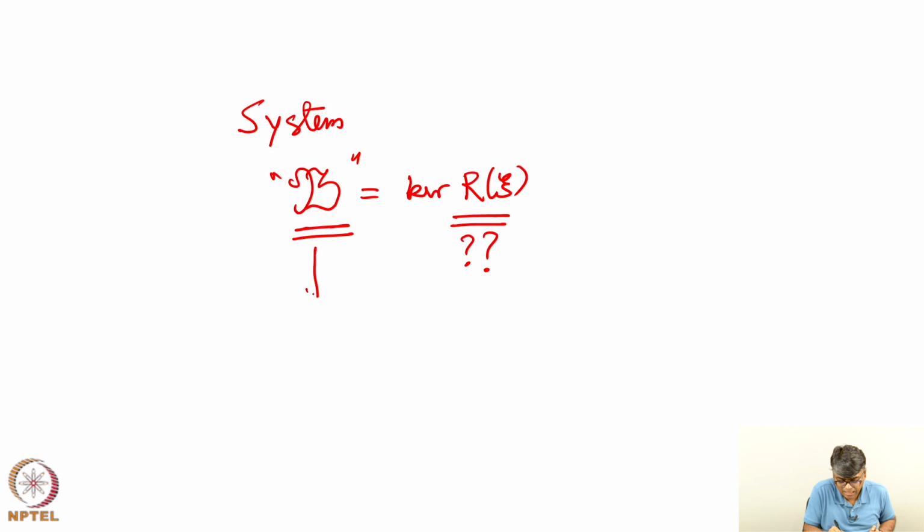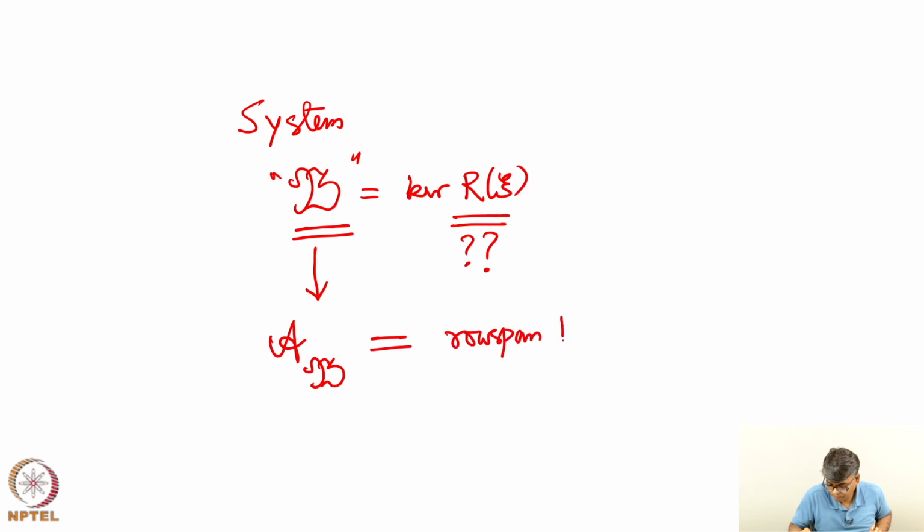So then from there, if by hook or crook somehow I can identify its annihilators, then I am sure that this annihilator set is nothing but the row span of R xi.